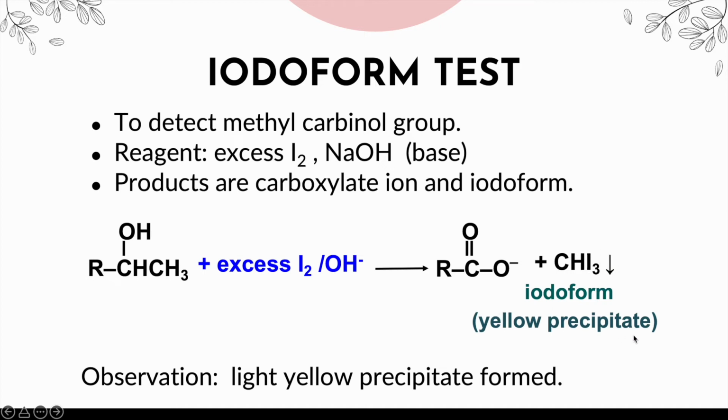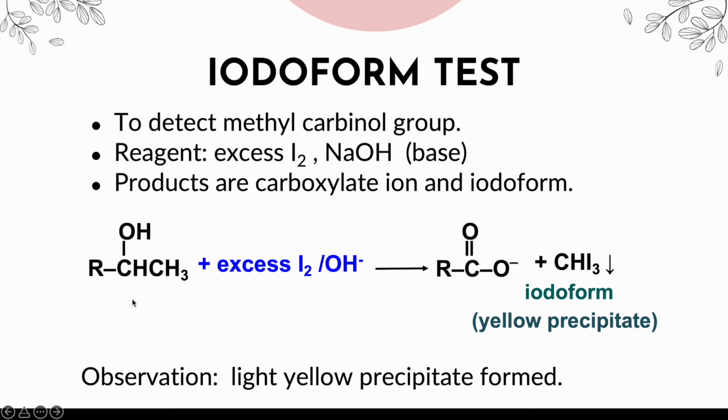Iodoform is a yellow precipitate. This is methyl carbinol: one methyl, CH3, attached to the carbon that is attached to OH. If the carbon attached to OH has CH3, that's what we call methyl carbinol.